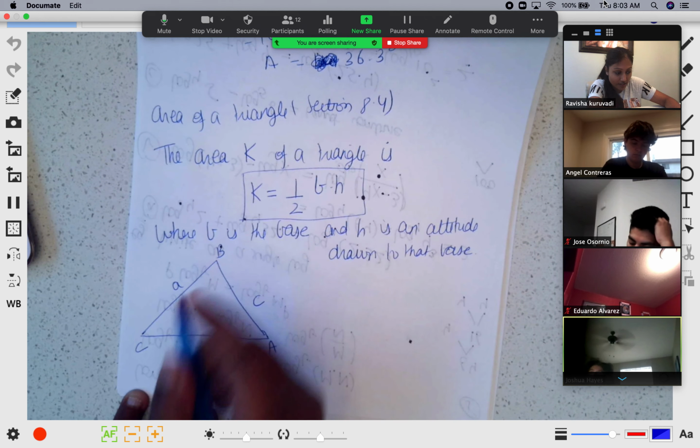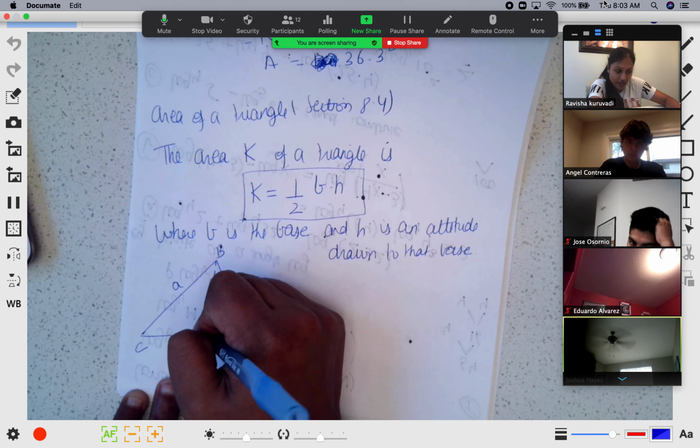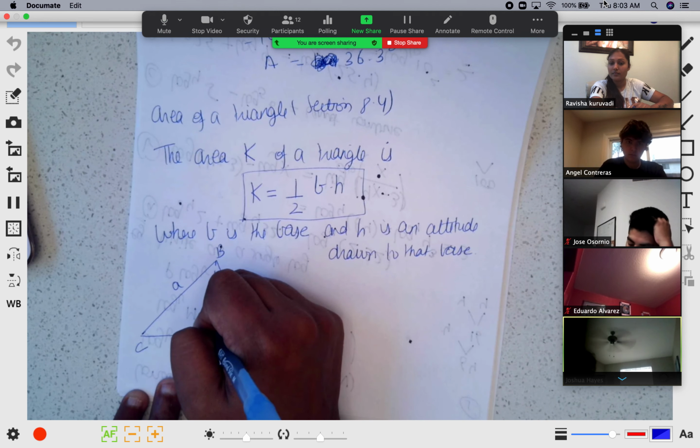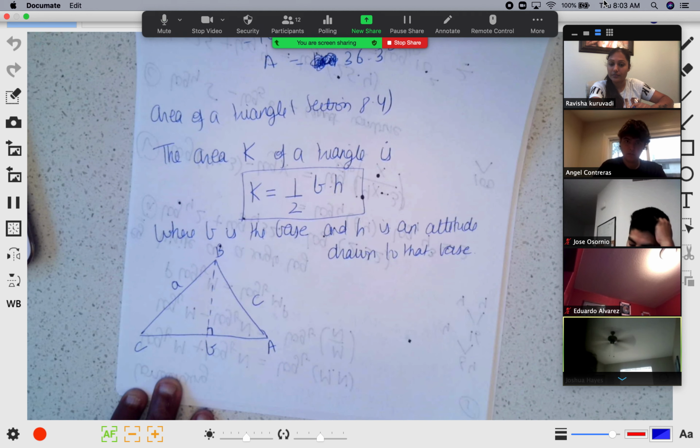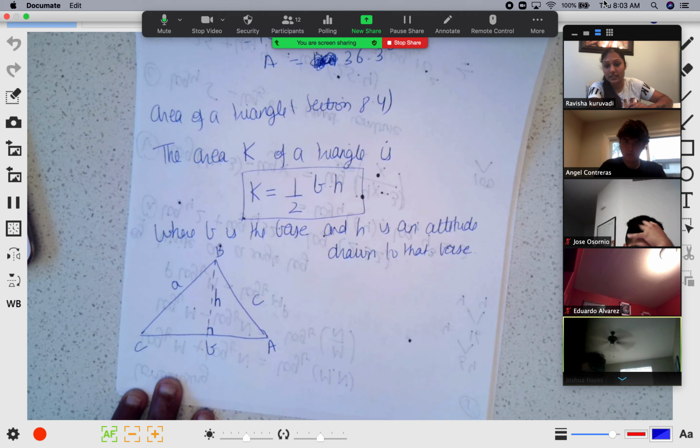So I draw a 90-degree height from here to here. I need to find the value of this thing.